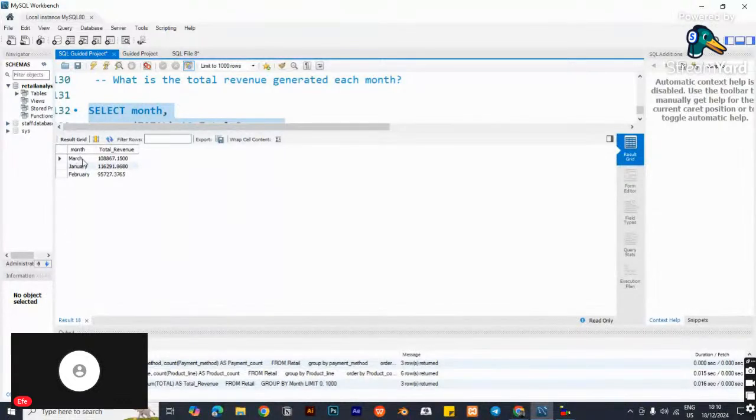All right, just 3 months, and this is total revenue. We can see 116,000 here, which is the highest, followed by 108, and then followed by 95727. So this data set spans across 3 months: March, January, February.